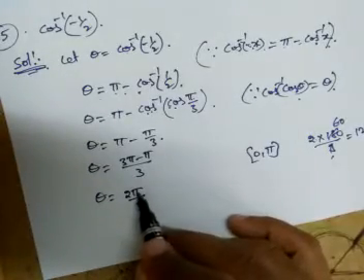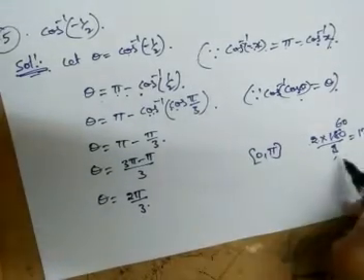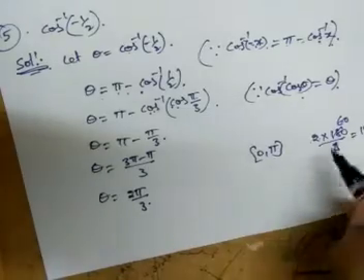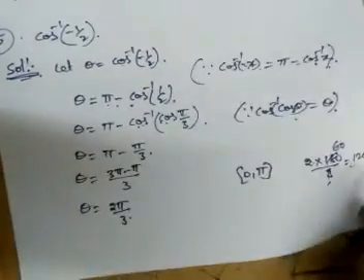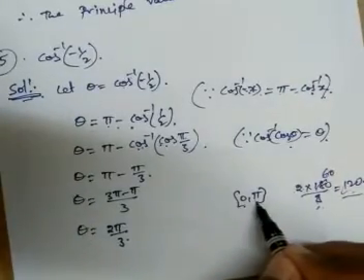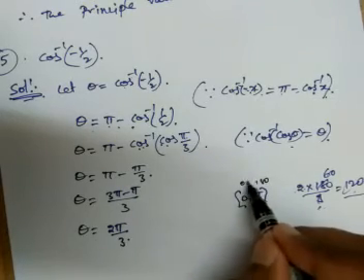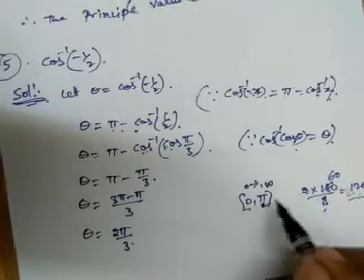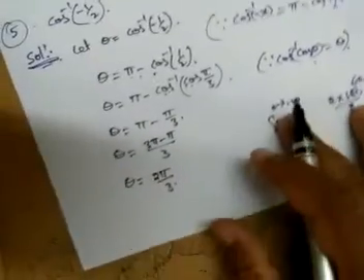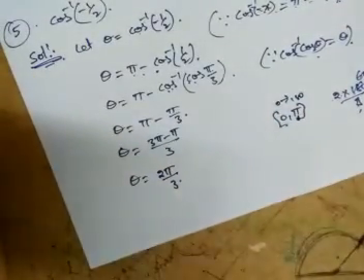Pi value is 180, so check whether this 120 lies between 0 and 180. In between 0 to 180 we have 120. Therefore our principal value is 2 pi by 3.